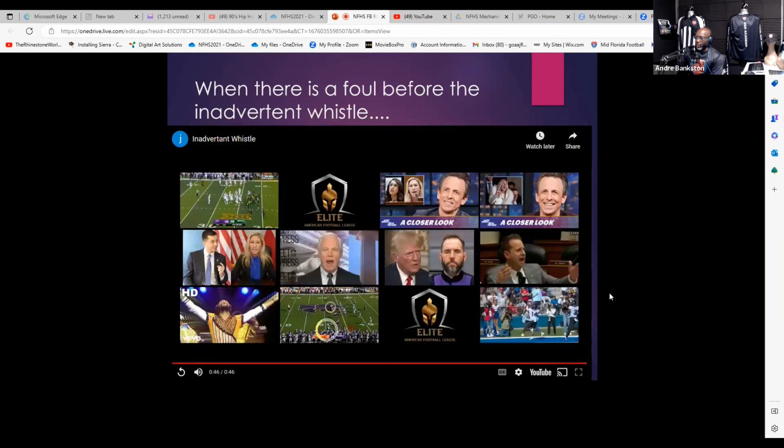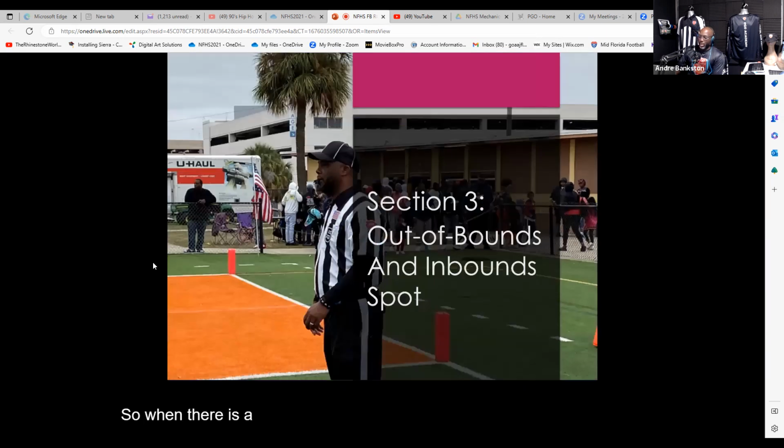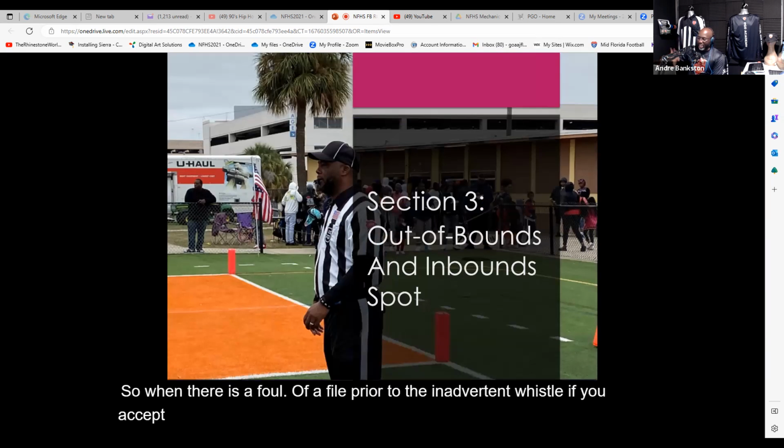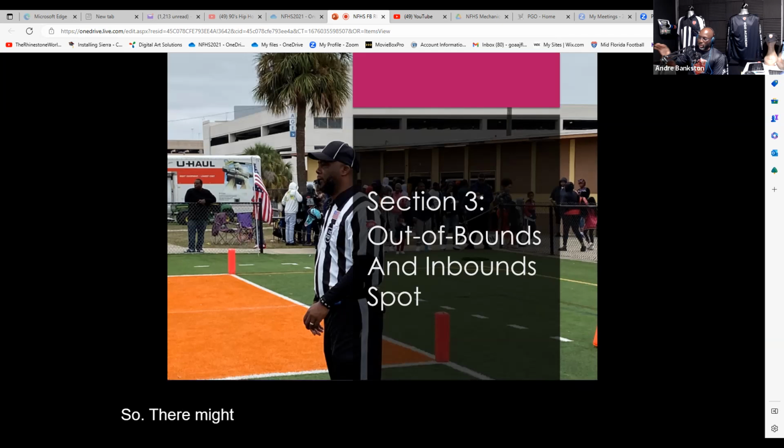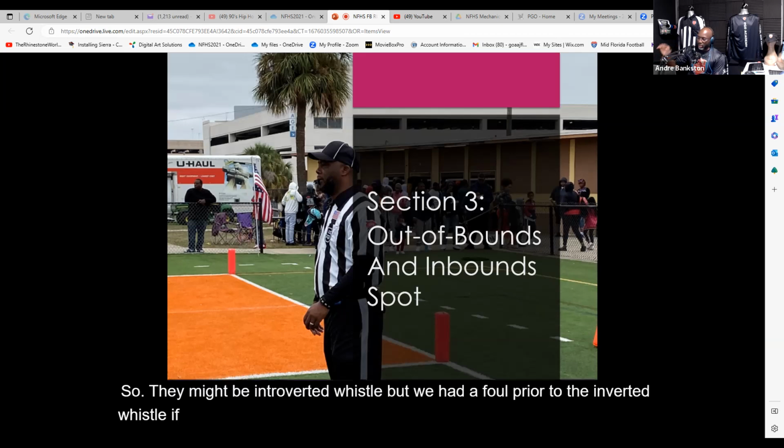So when there is a foul prior to the inadvertent whistle, if you accept the foul, it negates the inadvertent whistle. Okay, so there might be an inadvertent whistle, but we had a foul prior to the inadvertent whistle. If they accept the foul, then all the options for the inadvertent whistle are out the window.